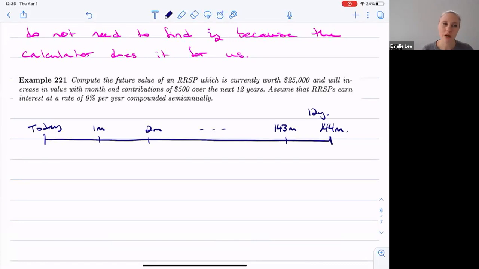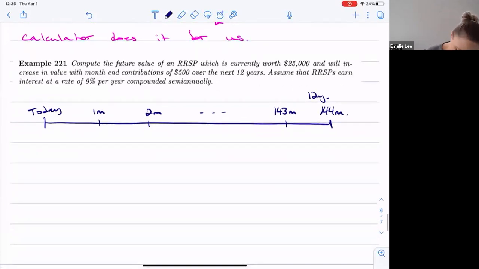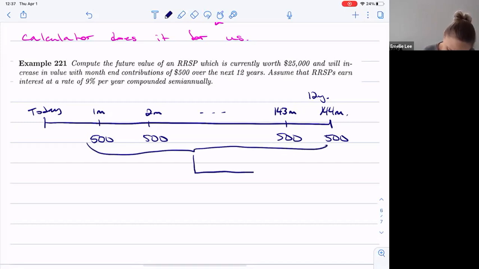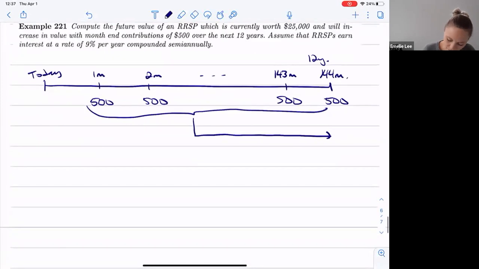I'm going to draw these payment amounts first. So $500, $500, $500, and $500. These are all going to go forward to some future value at the 12-year mark.